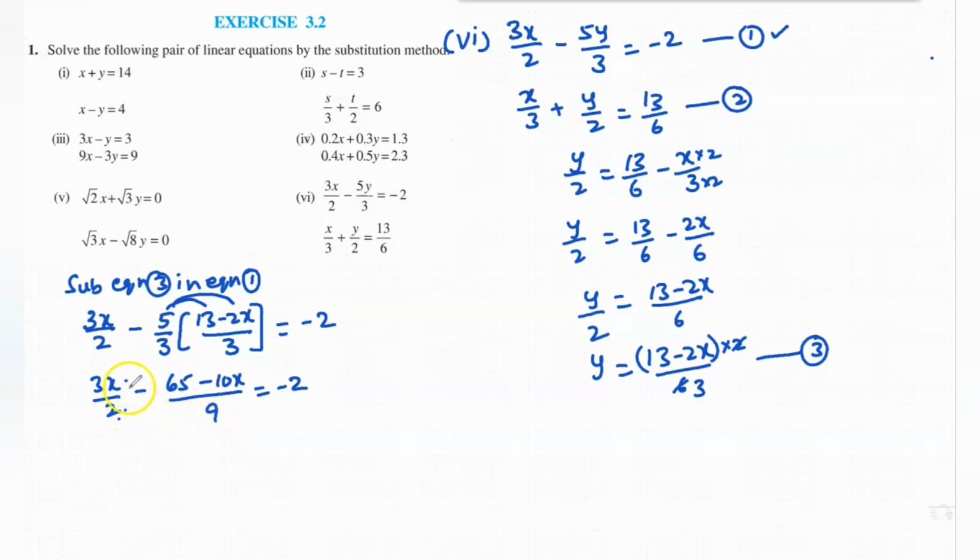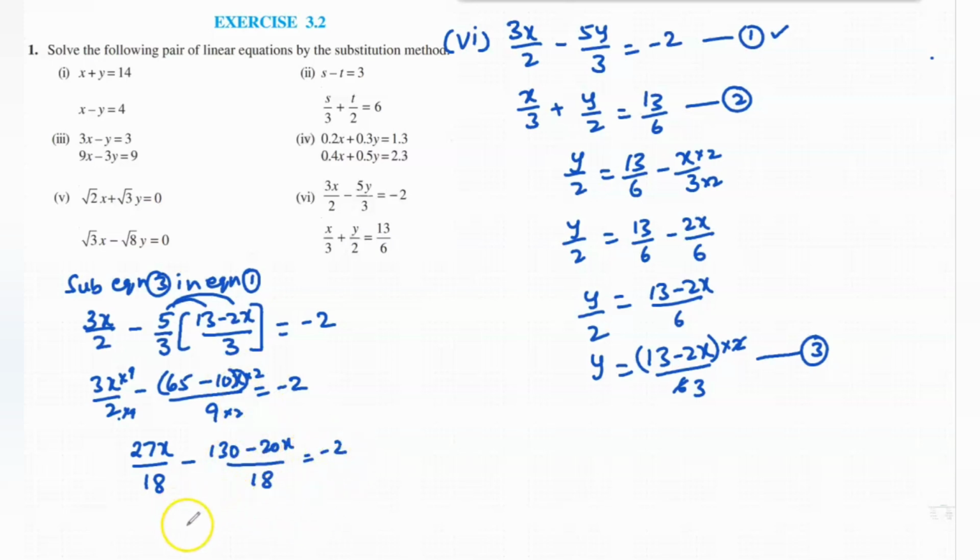So 9 times 3 is 27x by 18 minus, here multiplied by 2, 9 into 2 gives you 18. So this whole term is multiplied by 2: 2 into 65, 130, minus 2 into 10x, 20x, by 18, which is equal to minus 2.